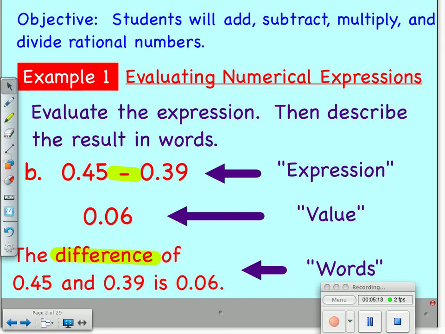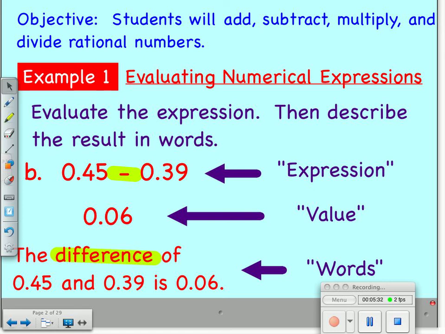Next, I'd like you now to write this down. You no longer need to write the objective. You have it at the top of the page. It's the same objective. It didn't change. Since example 1 also did not change, we're still working on evaluating numerical expressions. There's no need to write that again.